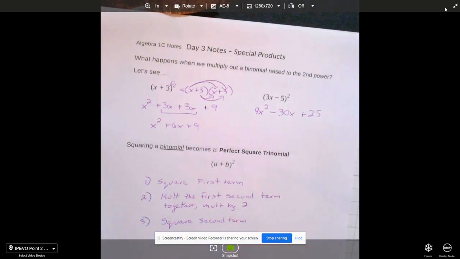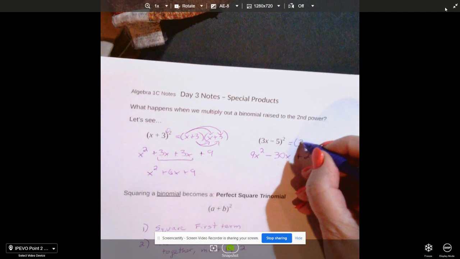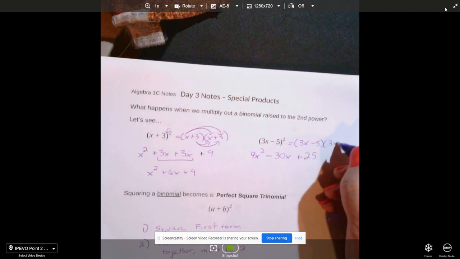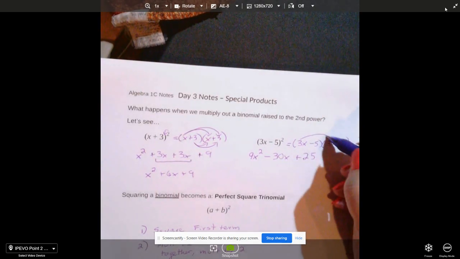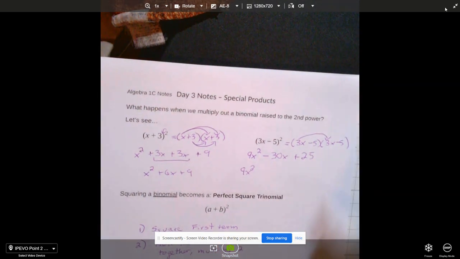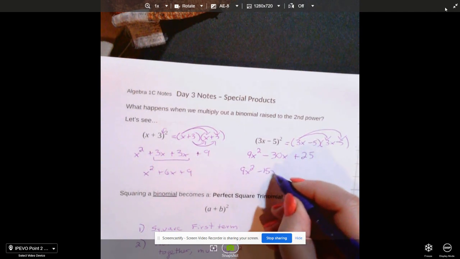Let's go ahead and FOIL this out and just see that we get that same exact answer. So this is the same thing as saying 3x minus 5 times 3x minus 5. Let's go ahead and multiply those two together. I'm going to get a 9x squared. I'll multiply those two together, I'll get a negative 15x.